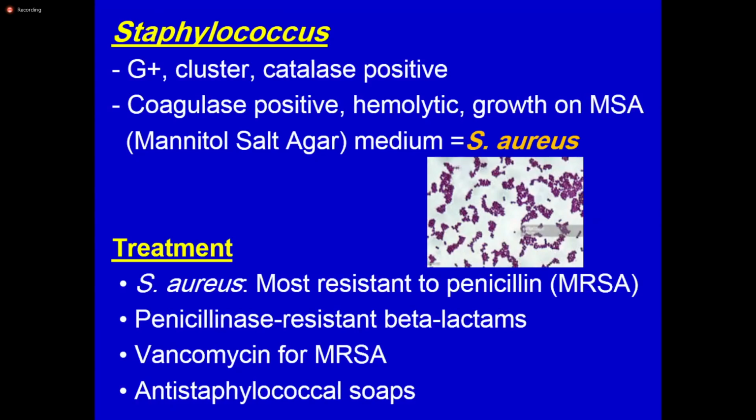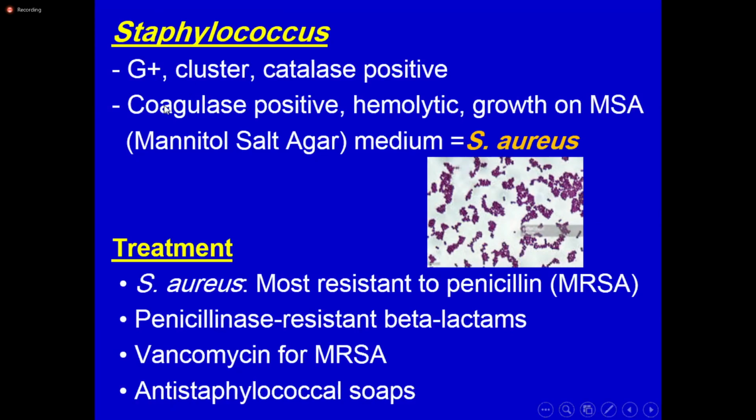Staphylococcus. You know Staphylococcus, مرت عليكم في كثير من الأحيان. Just to highlight a few points. These are gram-positive, present in clusters, زي العناقيد. These are catalase positive, which differentiates them from other microbes.